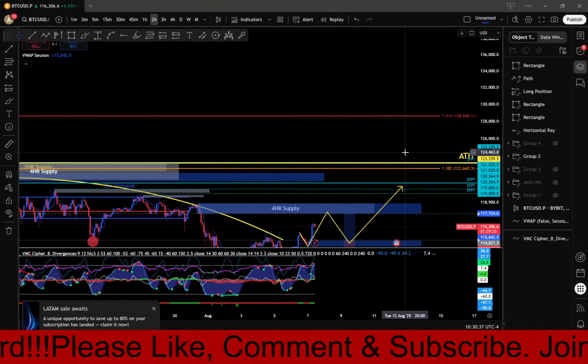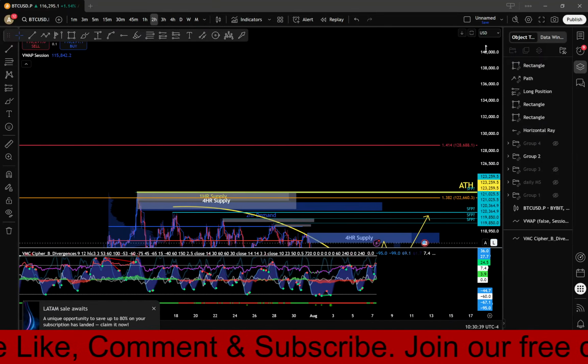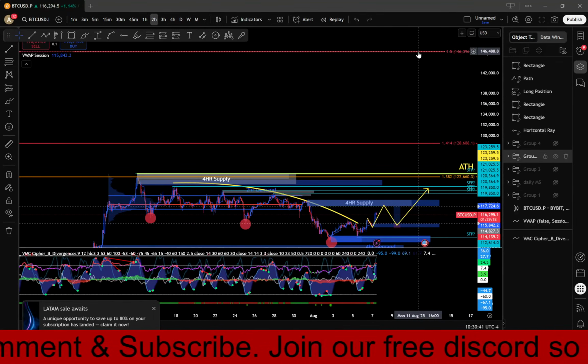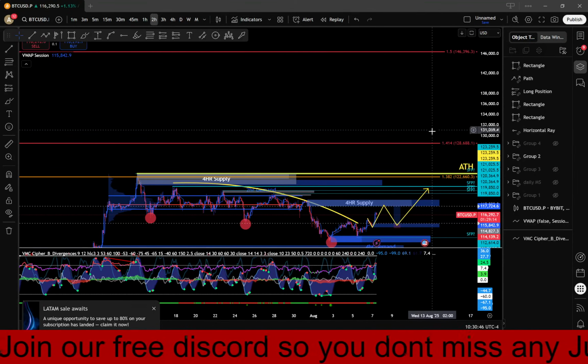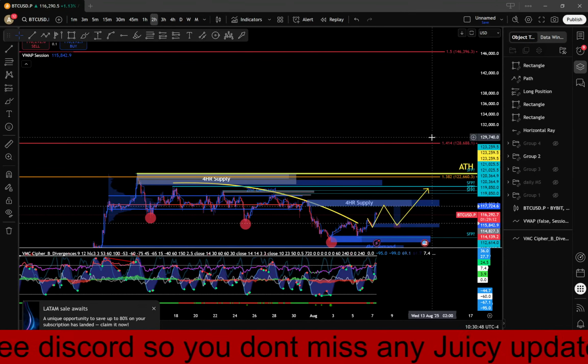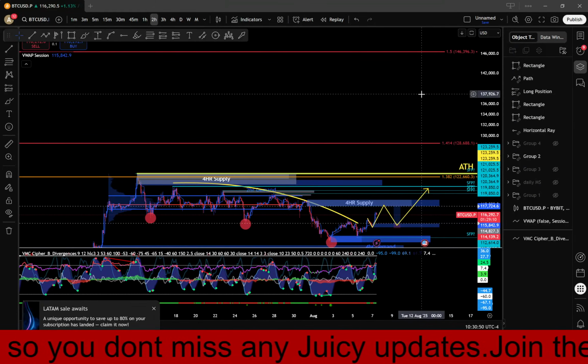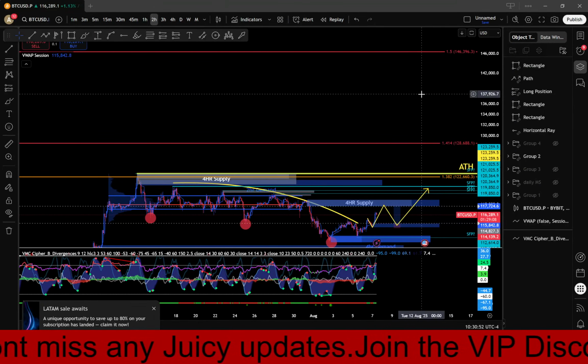And if we manage to push higher than that, my next level will be at 150K. Ideally, these two targets are the targets I'm looking for.